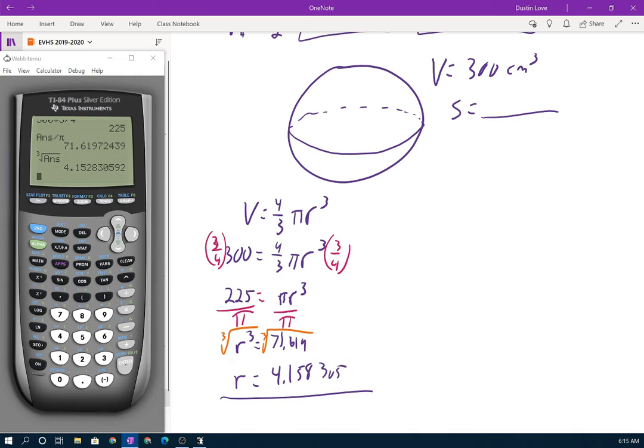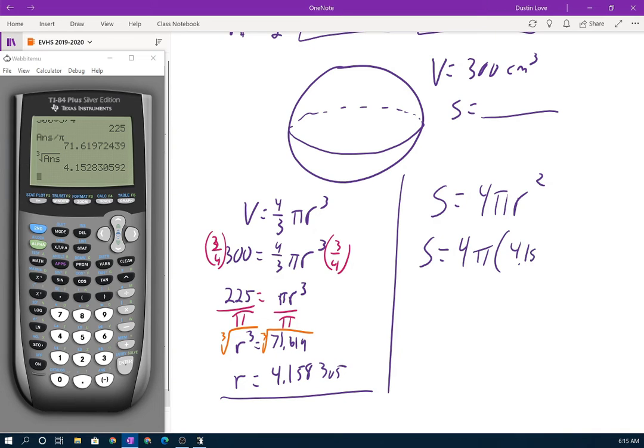So I've got that. Now I'm going to jump over here and do surface area, which is 4 pi r squared. So surface area is 4 times pi times 4.158,305 squared.